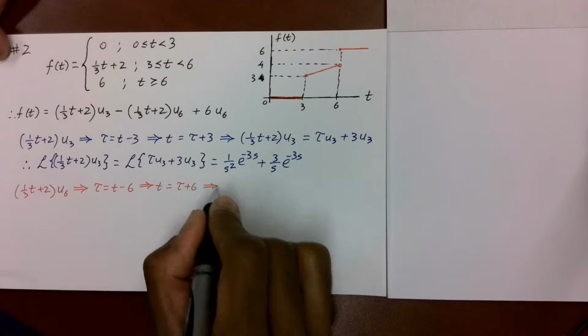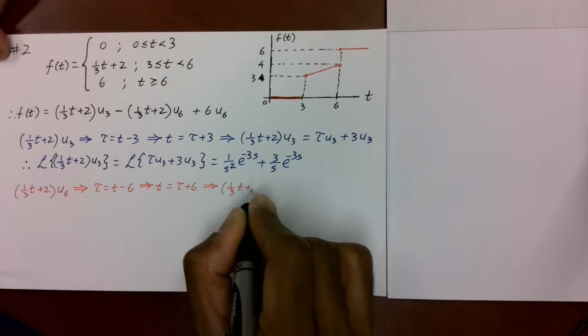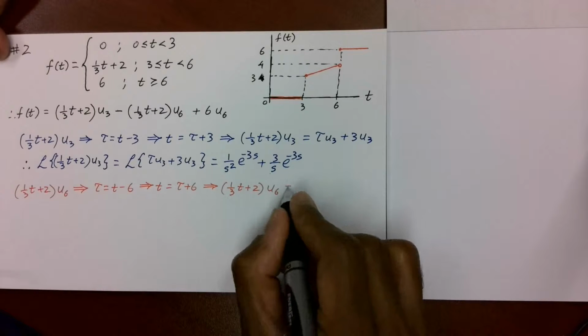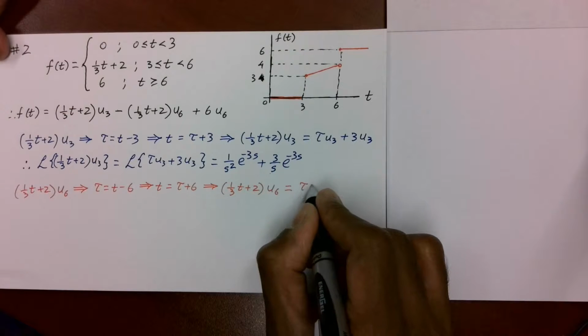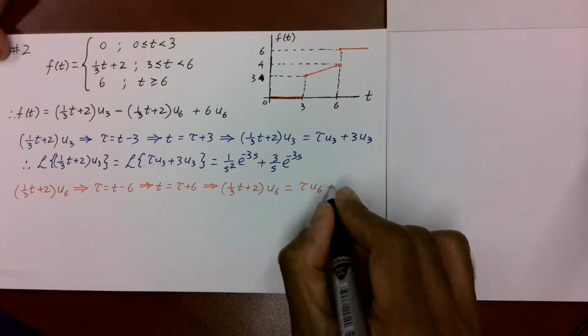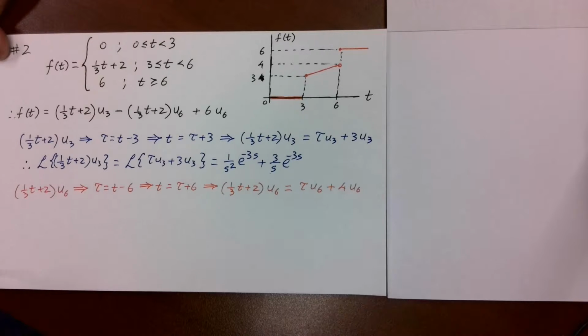And this further implies that (1/3 t + 2) u6 is going to equal tau u6 plus 4 u6 when simplified.